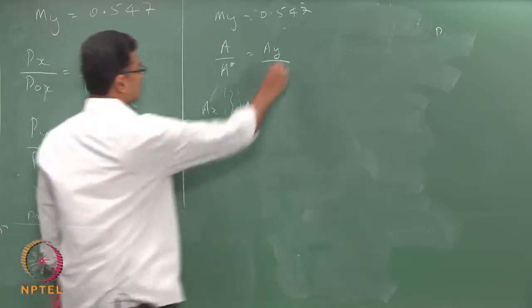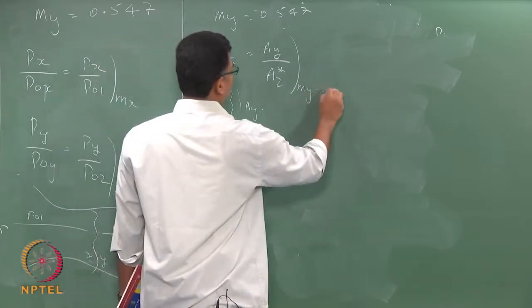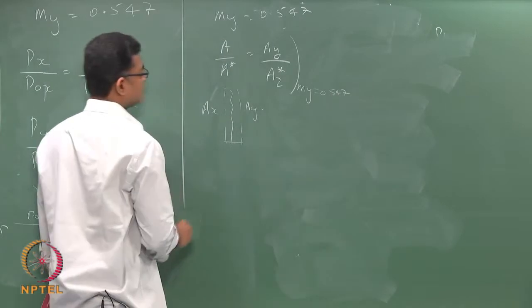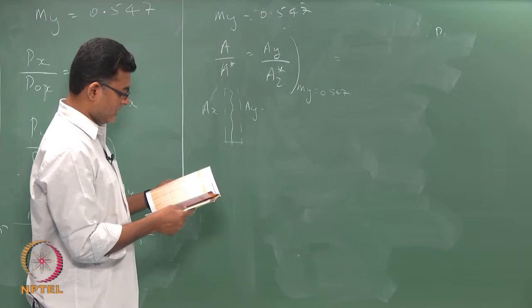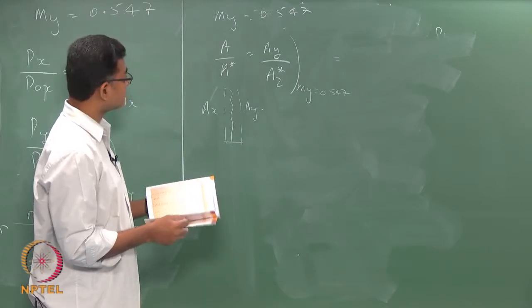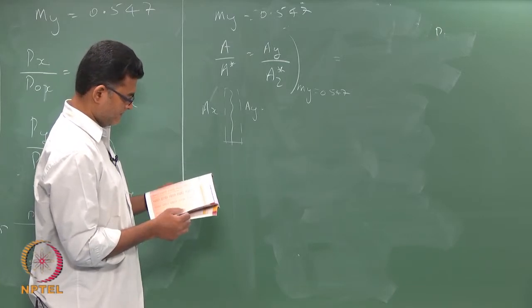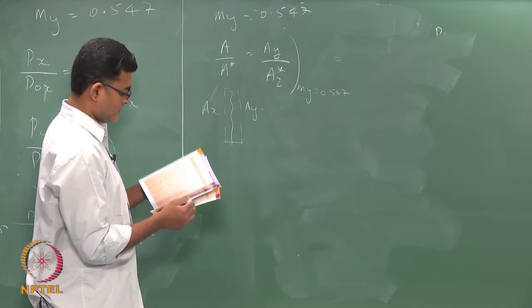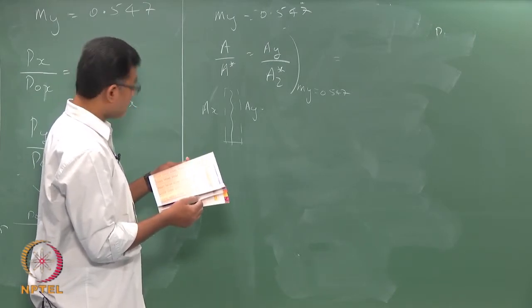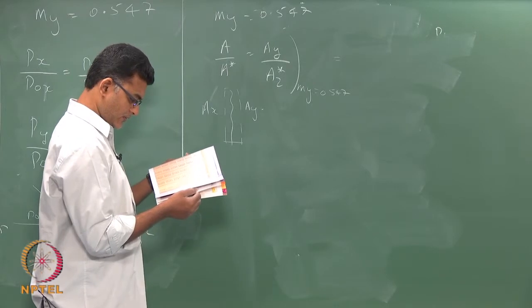So, this I can get for My equals 0.547, I look at the isentropic tables, I get A by A star of around 1.27.